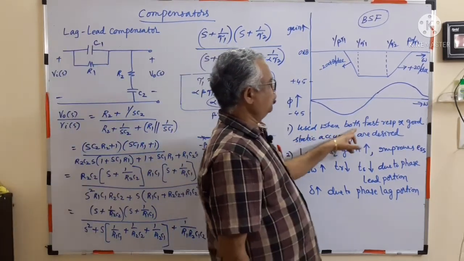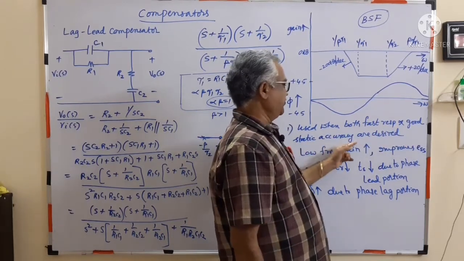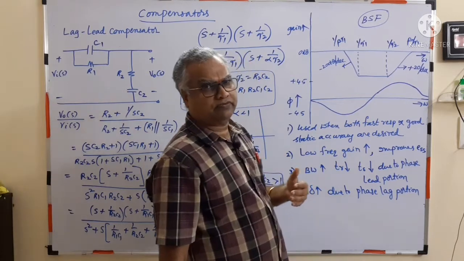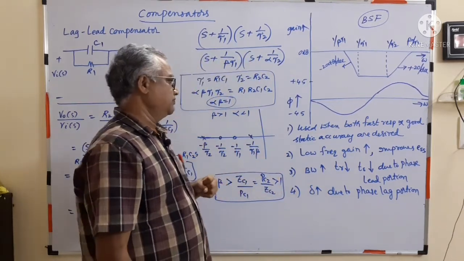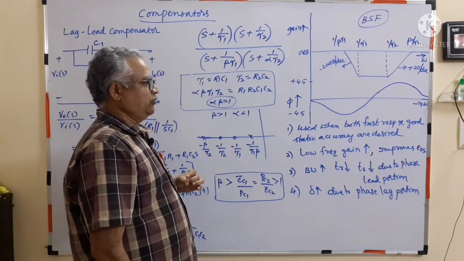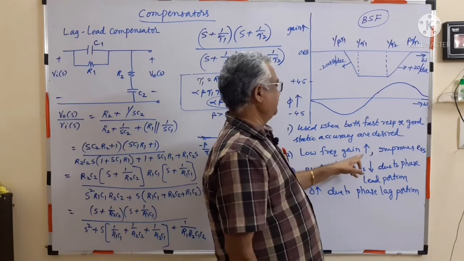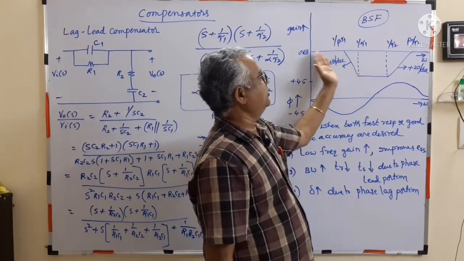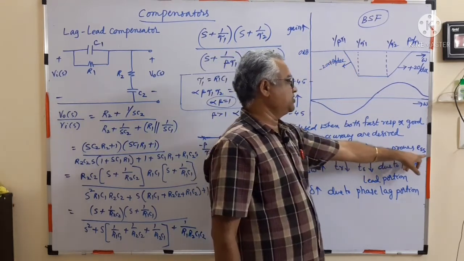It is used when both fast response and good static accuracy are desired. Fast response means rise time should be less, and good static accuracy means low frequency gain is high. Lower frequencies gain is high, which improves the steady state error.